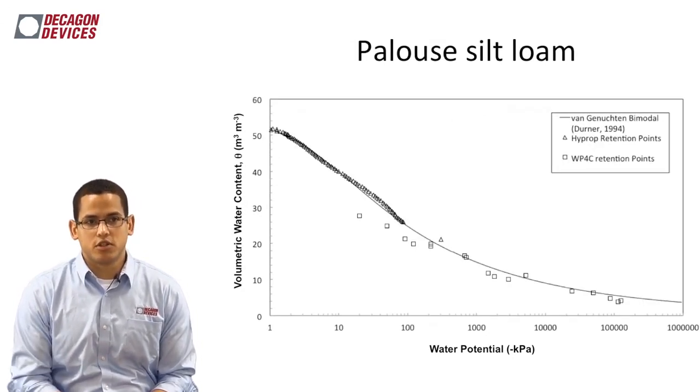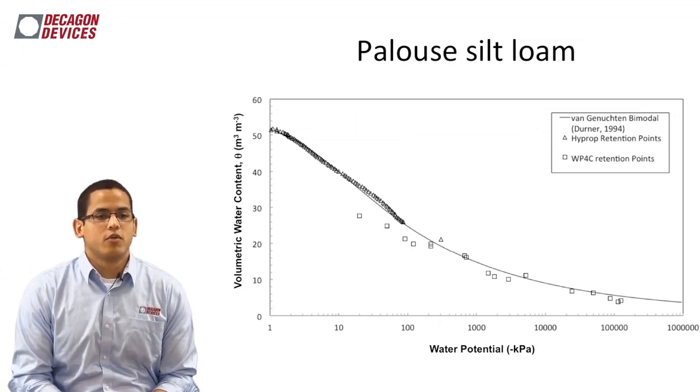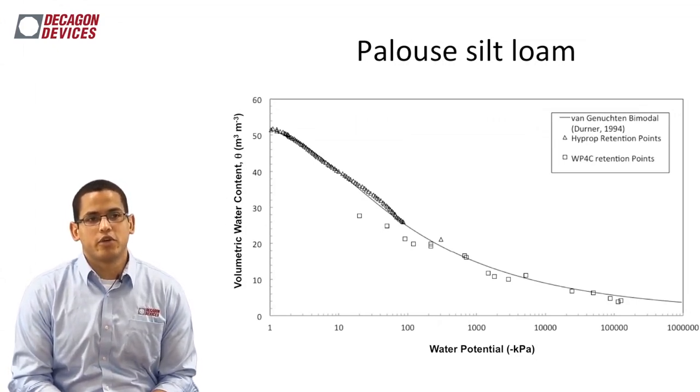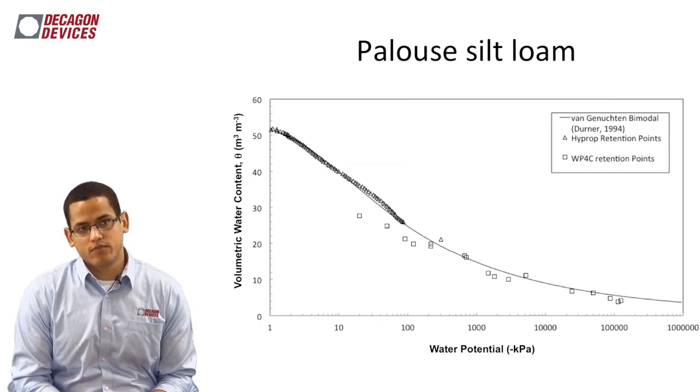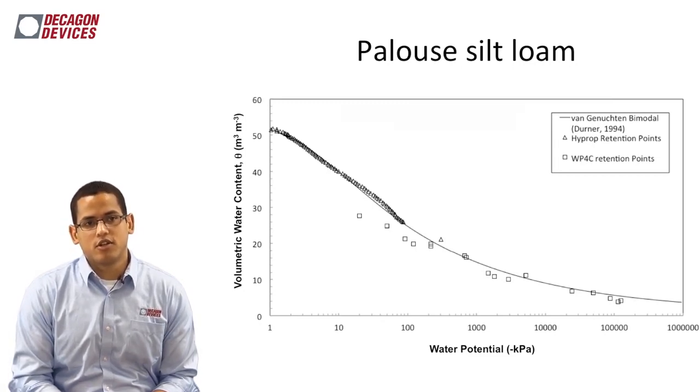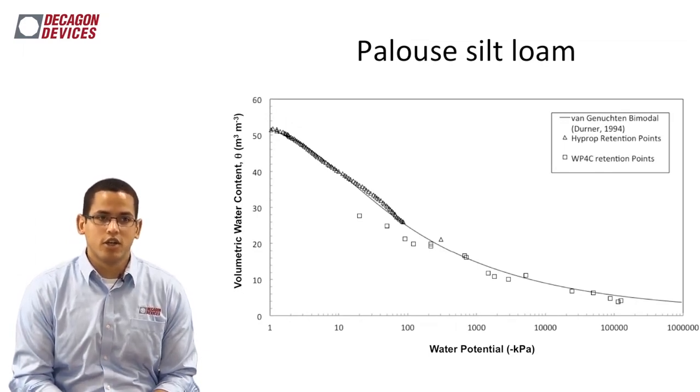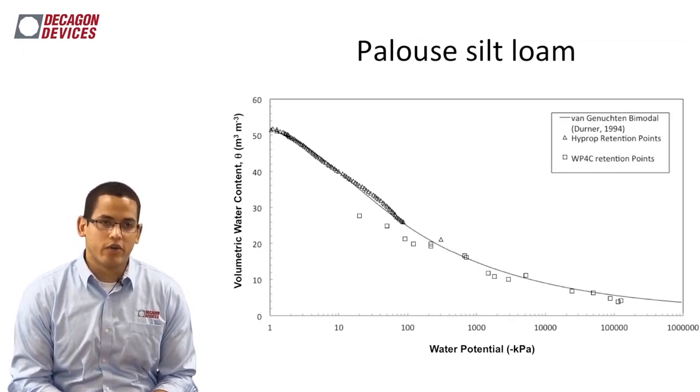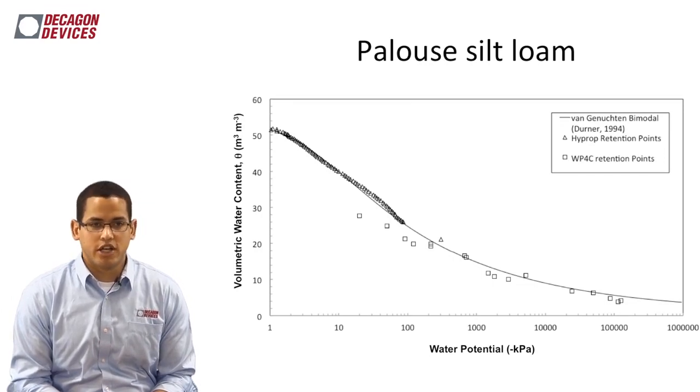So this is a Palouse silt loam, and with the Palouse silt loam, we were able to push the samples all the way up into the wet end and match them up with the HYPROP. You'll see a little bit of discrepancy between the HYPROP and the WP4C, and that's mostly due to the fact that that's in the 0 to negative 100 kPa range, where the WP4C is not always going to be 100% accurate.